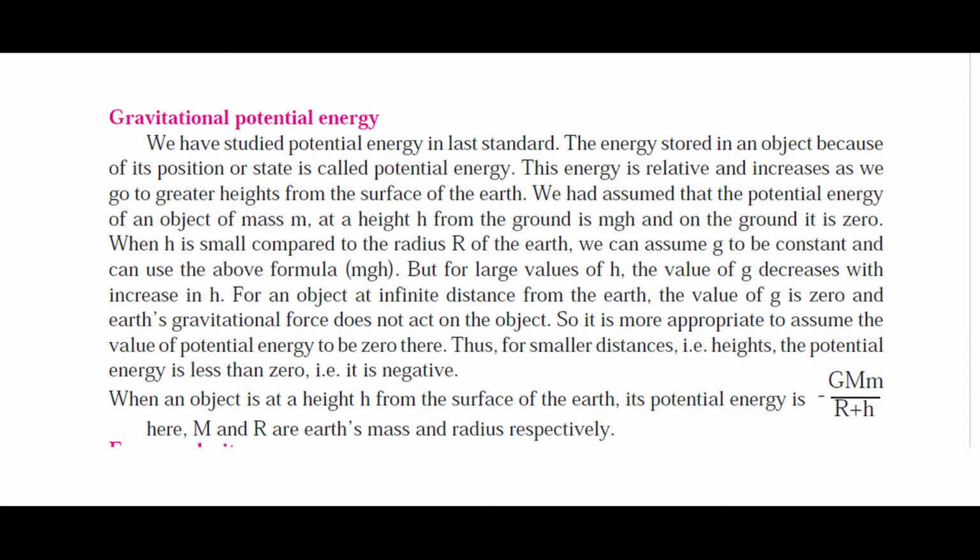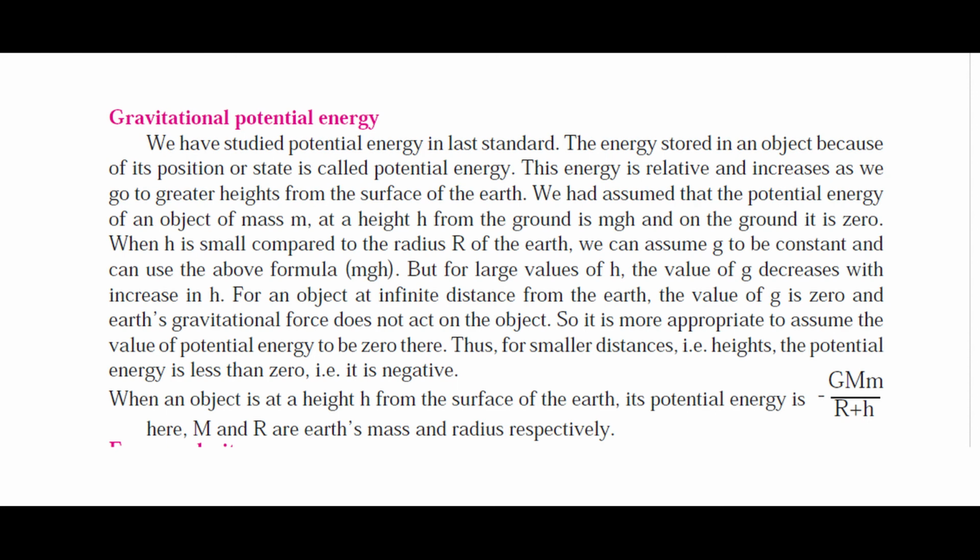When h is small compared to the radius r of the earth, we can assume g to be constant and can use the formula mgh. But for large values of h, the value of g will reduce. So as h increases, g goes down.